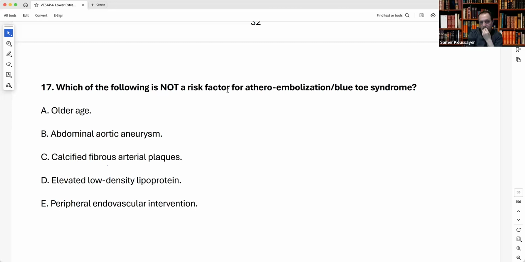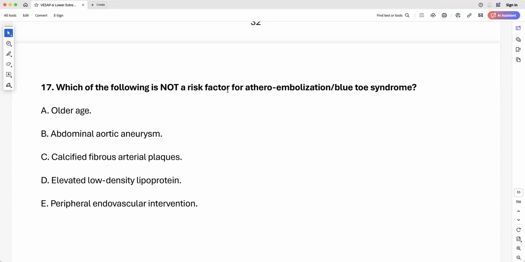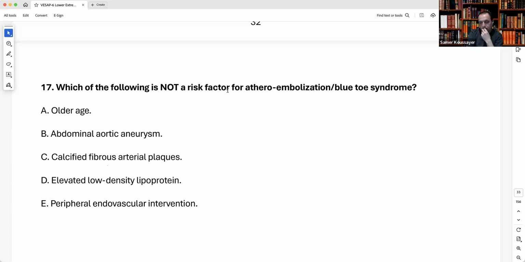Yes, that means diseased artery, atheroma. Some people go with the high density lipoprotein and low density. So you have to have a high low density and low high density lipoprotein to get an atheroma.